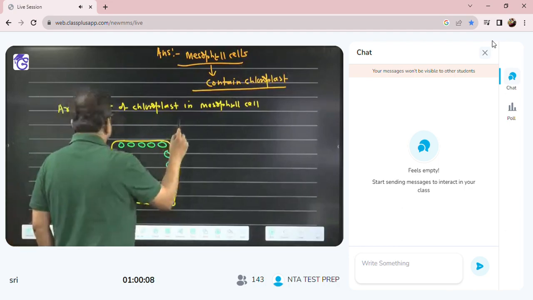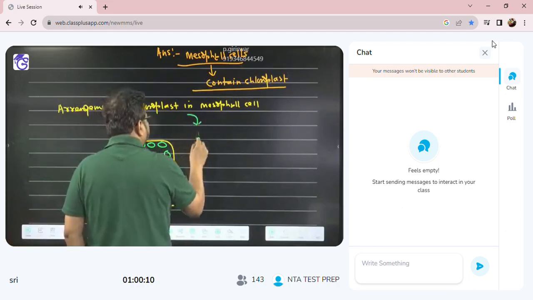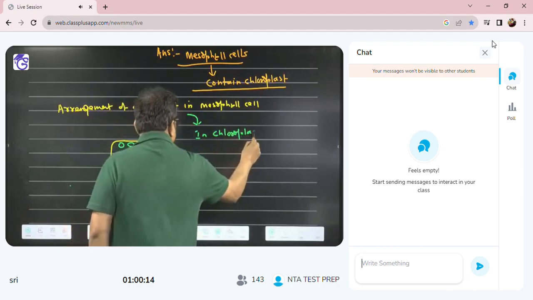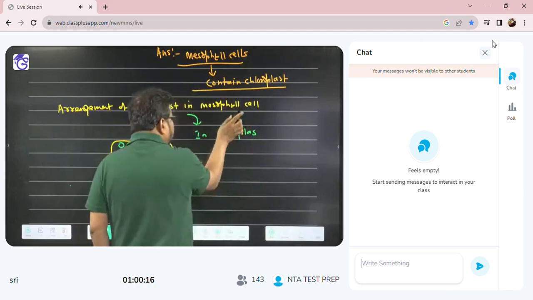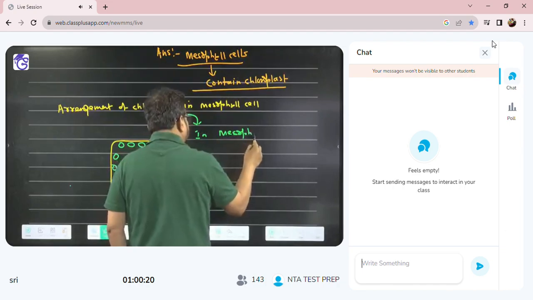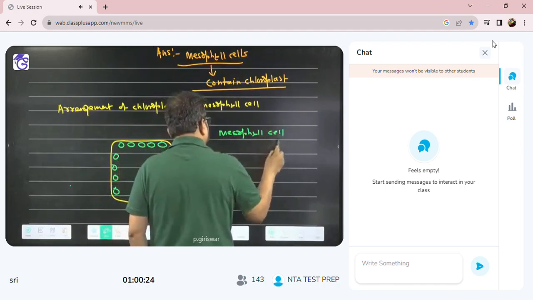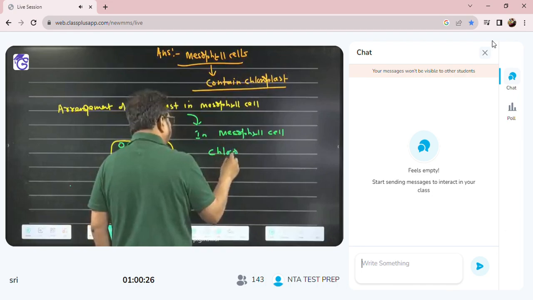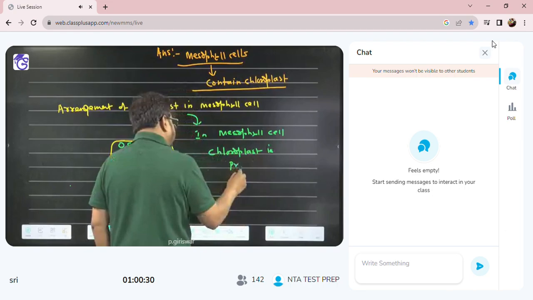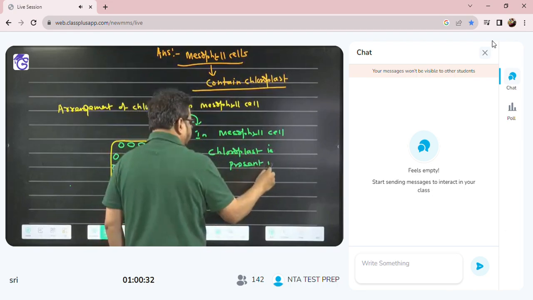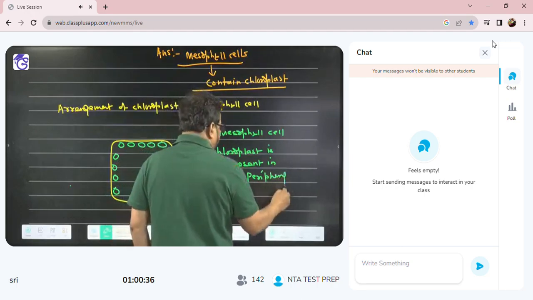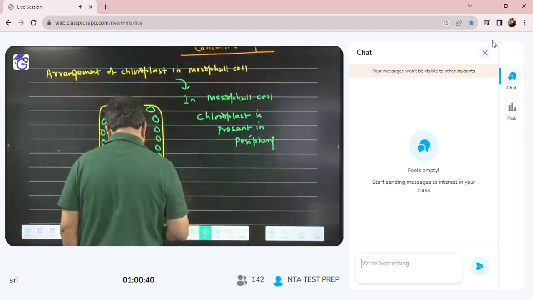So I am writing: in the mesophyll cell, chloroplast is present in the periphery.